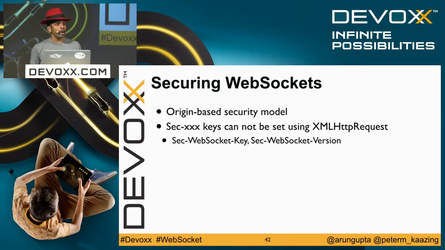In addition, we talked about how there are Sec-WebSocket keys, or HTTP headers, that are both part of the request and the response. If you're running in a browser as a browser application, you can use XHR to set those as header values. But if you attempt to, and I wrote a simple application, it doesn't allow that. It does not allow you to set those values. Even if you set them, they're just being ignored.